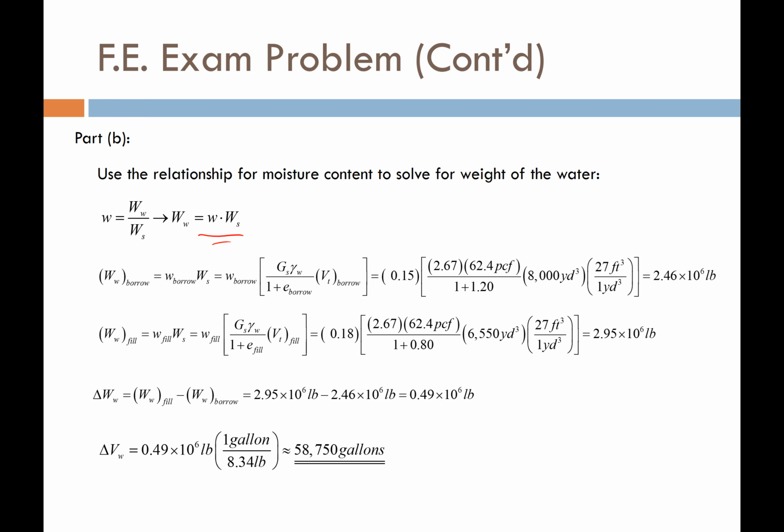And then I'm going to go ahead and use my key assumptions, put these things together, and I'm going to find the difference between the weight of the water in the fill and the weight of the water in the borrow. That difference is how much water needs to be added to the soil to achieve my target moisture content of 18%.